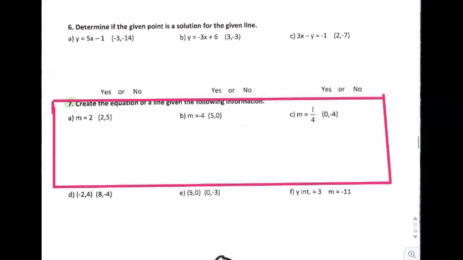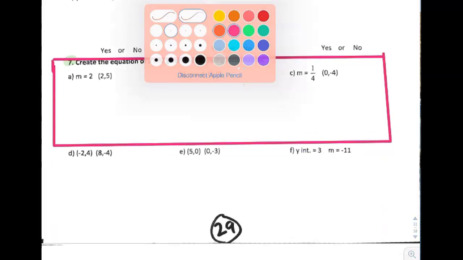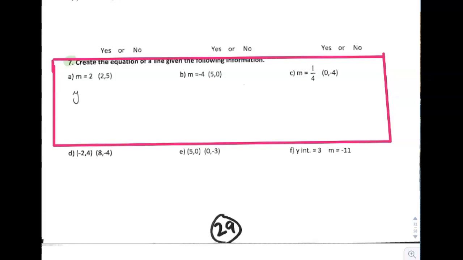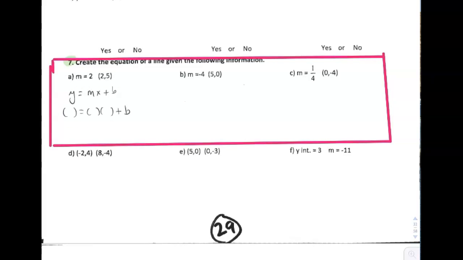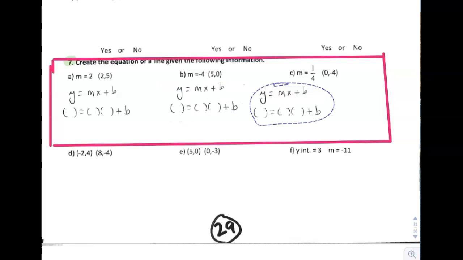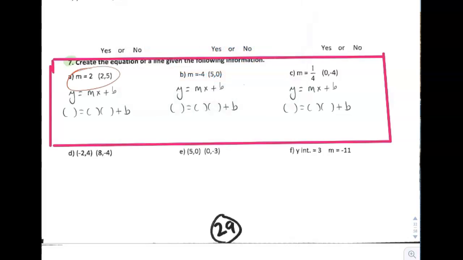So let's jump forward to page 29, which happens to be my favorite number. And we'll try these three right here. Again, y equals mx plus b. Blank equals blank blank plus b. I want you to write that and start off this way for each one of these problems. They should all start off like that, and then you go plug in, for example, on this one, your y, your m, and your x.